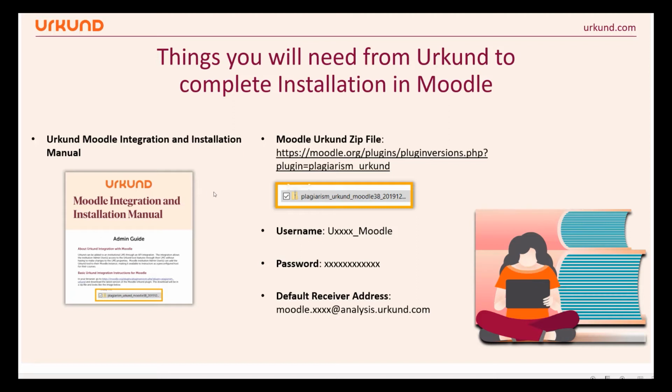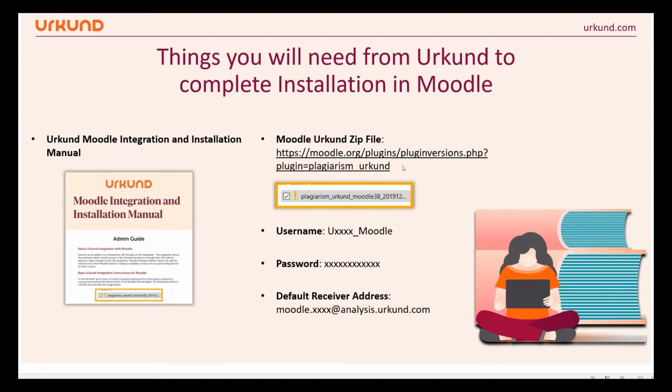Things you will need from Urkund to complete the installation in Moodle. First, you will need your Urkund Moodle Integration and Installation Manual. This will be sent to you via your technical support contact at Urkund. It will include step-by-step screenshots on how to complete the integration process, and it will also include the Moodle Urkund zip file location.